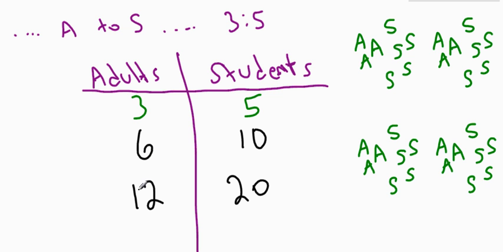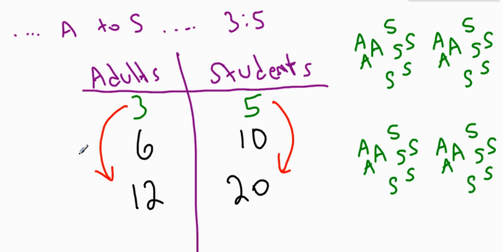So the question is, how many adults were there and how many students were there? We really don't know. But we do know that there is a common relationship between the number of adults and the number of students. We know that if there are 3 adults, there are 5 students. When I'm looking at a ratio, I think about the fact that there's a multiplication factor.